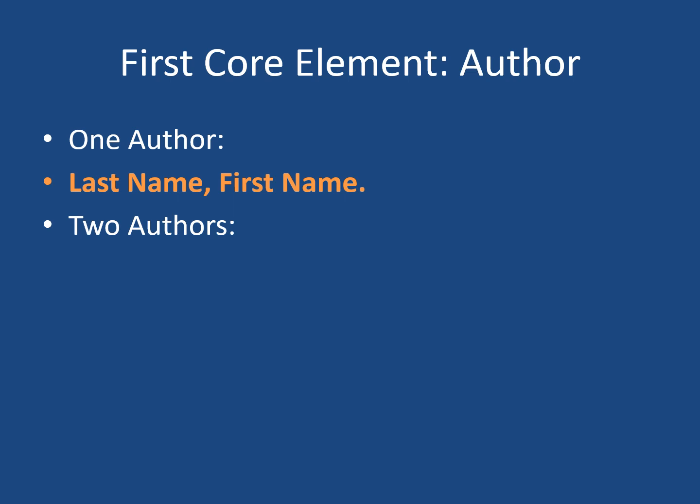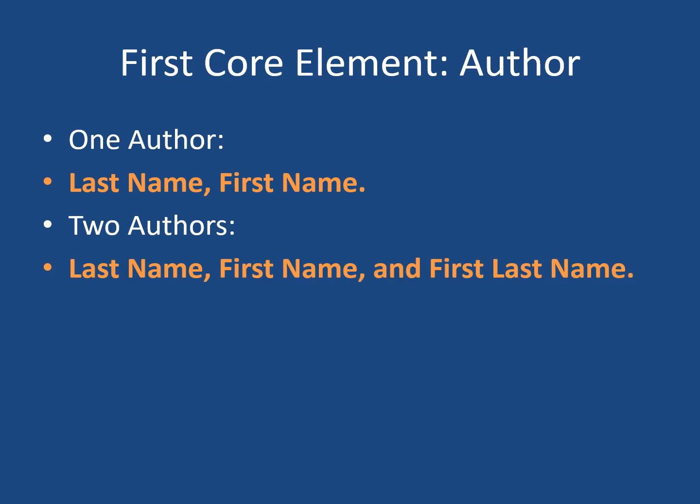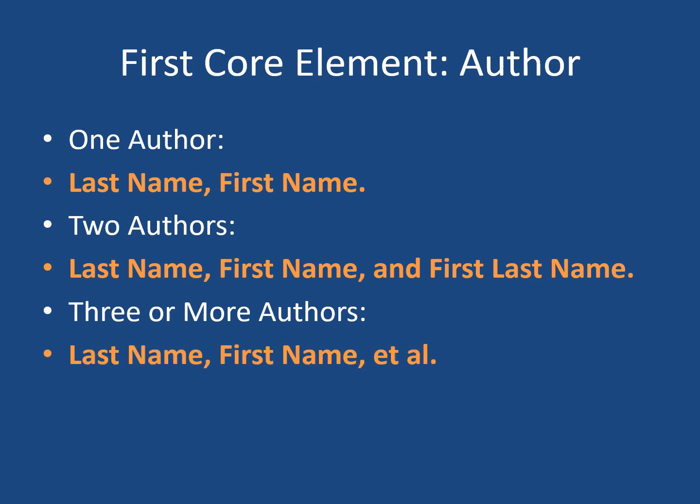If there are two authors, last name, comma, first name, comma, and first last name, period. For three or more authors, last name of the first mentioned author, comma, first name, comma, et al., period.